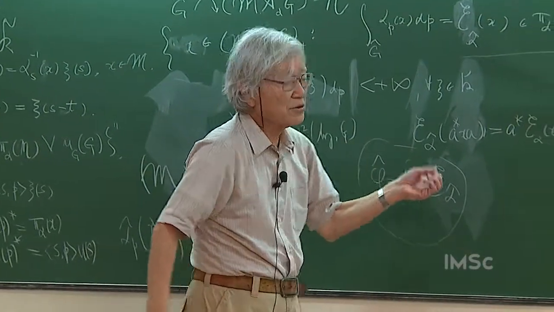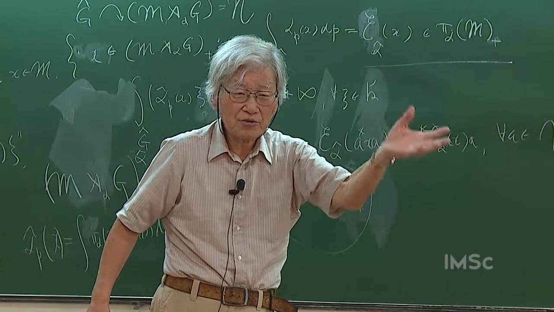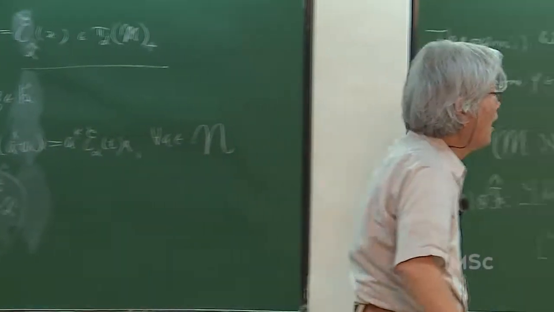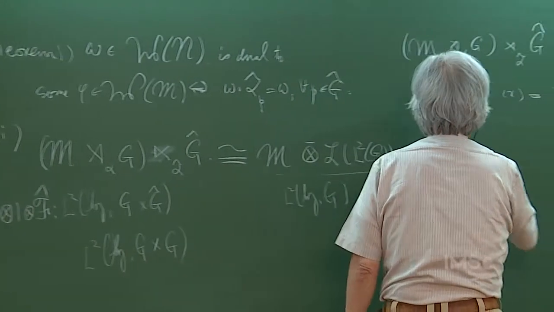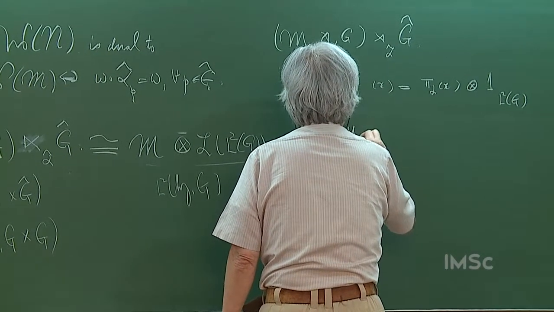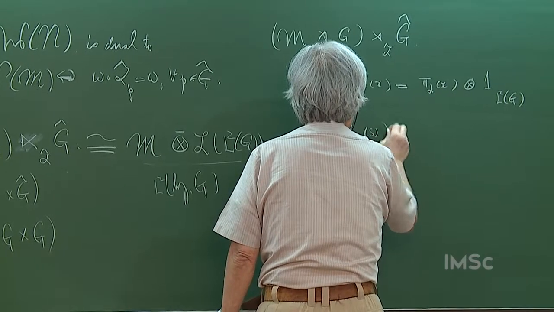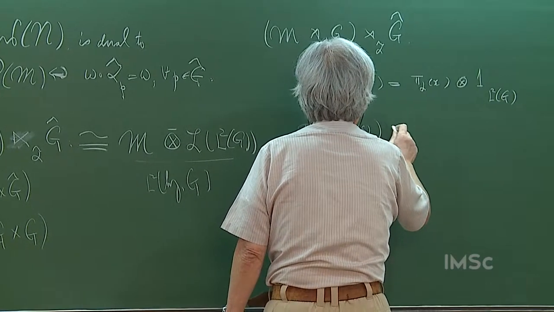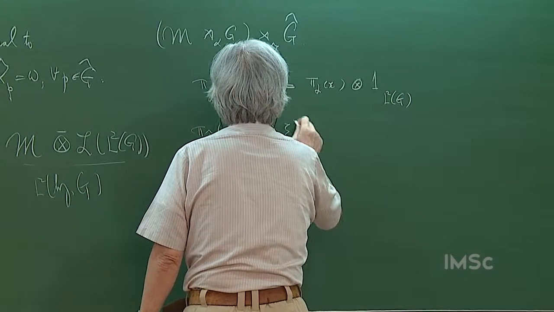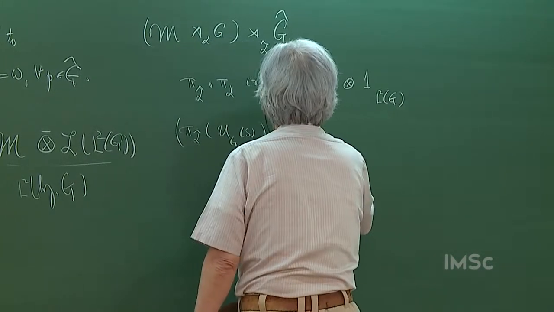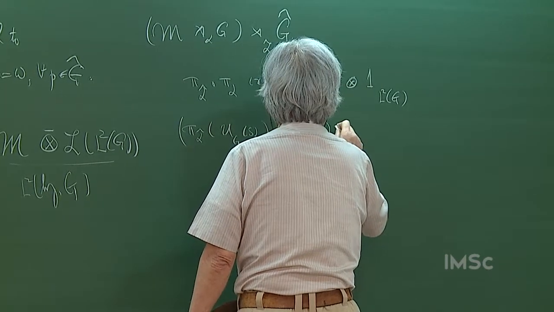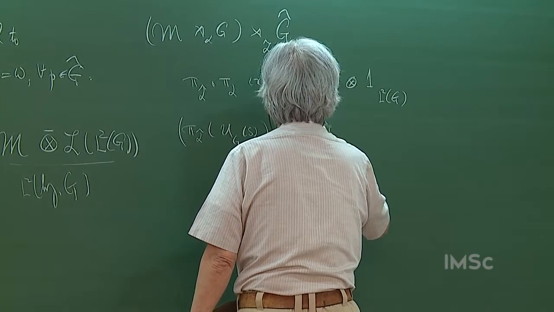So when you move to the cross product, it does nothing. So it is pi alpha hat of U_G of S.